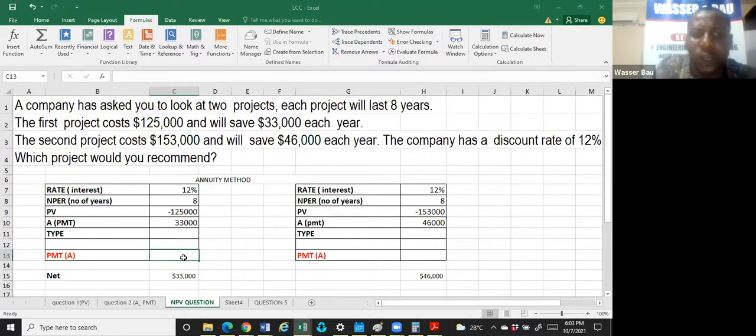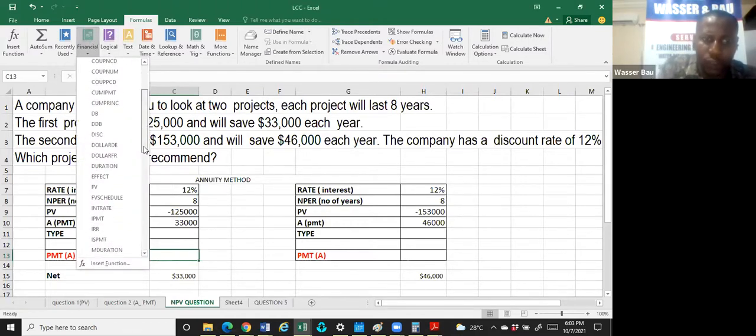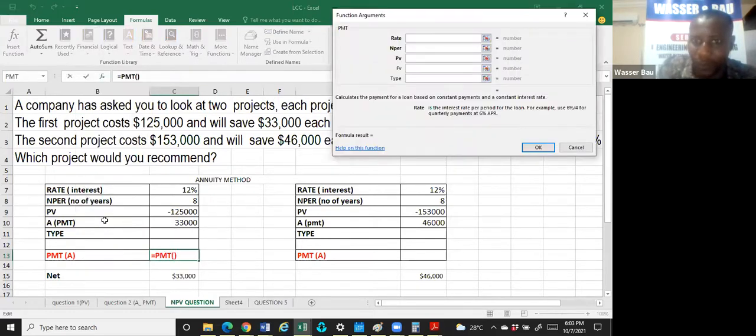So let's go. You click on financials, you go to PMT, which is the A, the annuity. Don't be confused with this annuity here. This annuity here is the annuity for the savings. That's the money, but I'm looking for the annuity of the cost. So the rate is 12%. Number of years is 8 years.